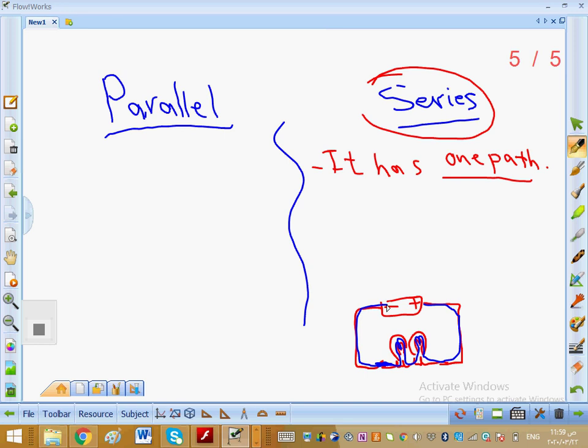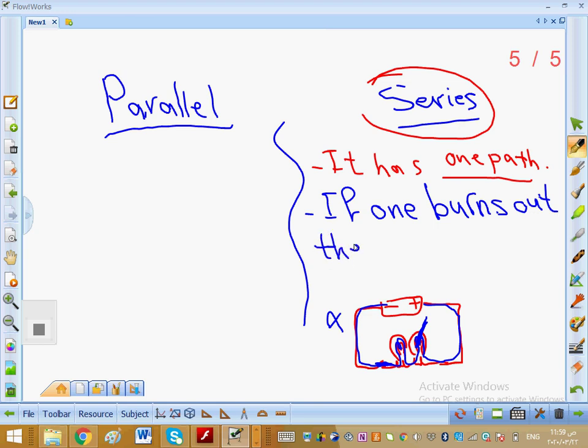And we said before, if one burns out, what will happen? So, like open circuit, it will not work, the other will not work. So if one burns out, the others will not work.